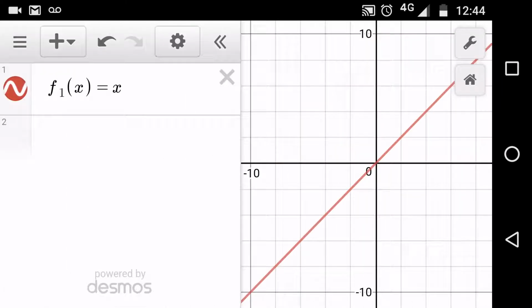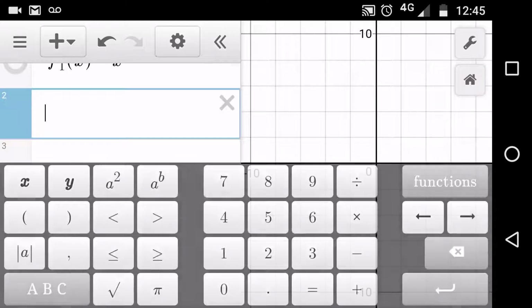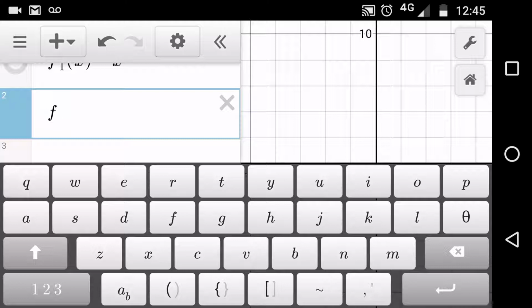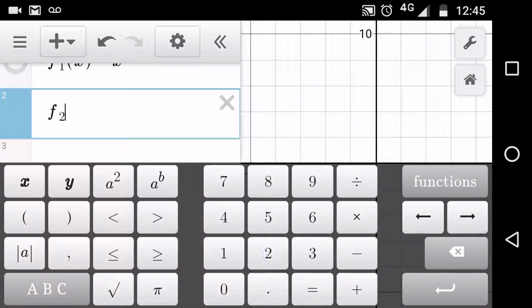Right now we're just going to make this go away, and we will do that by tapping on the little circle to the left. That just makes everything invisible. And we're going to make a second function. Let's call it f2.